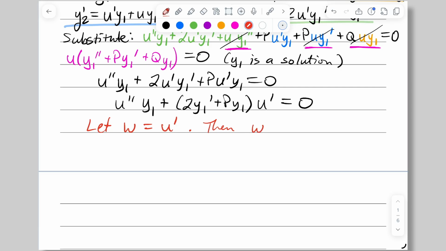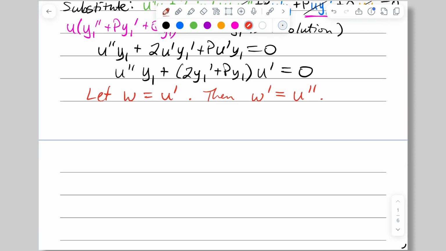Then what we'll have is that w prime is u double prime. I know that's a weird thing to hear, but substituting is going to give us w prime y1 plus the quantity of 2y1 prime plus py1 times w is equal to 0.